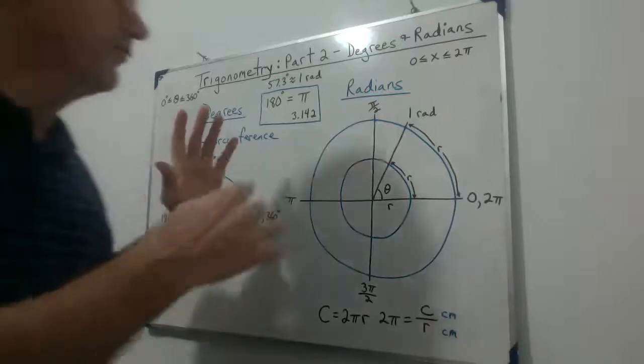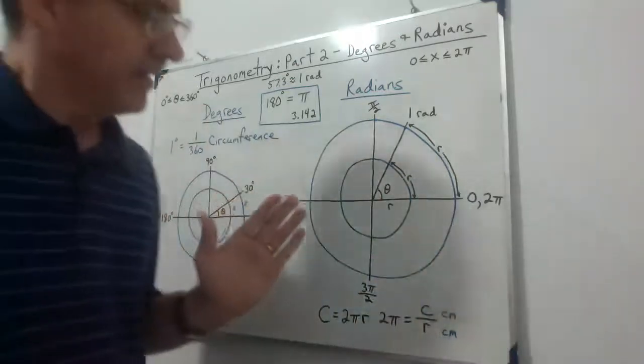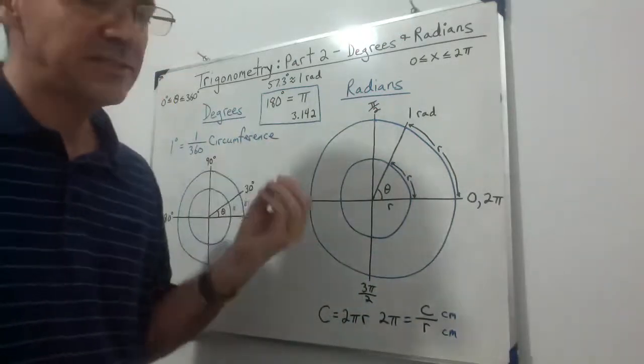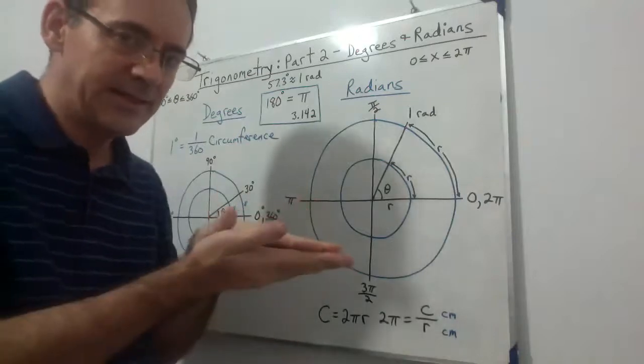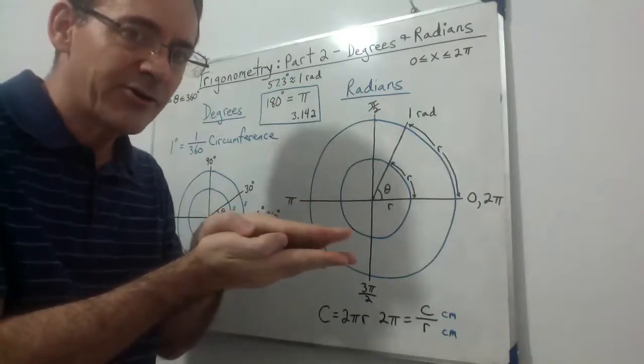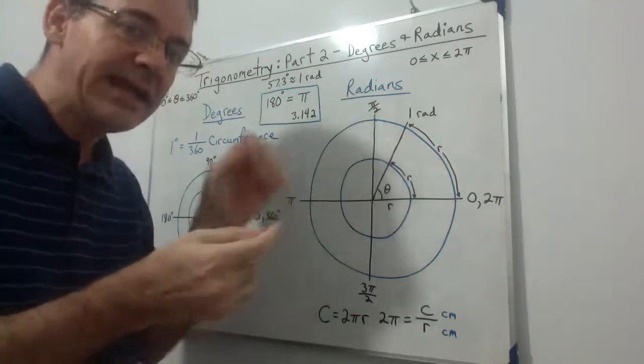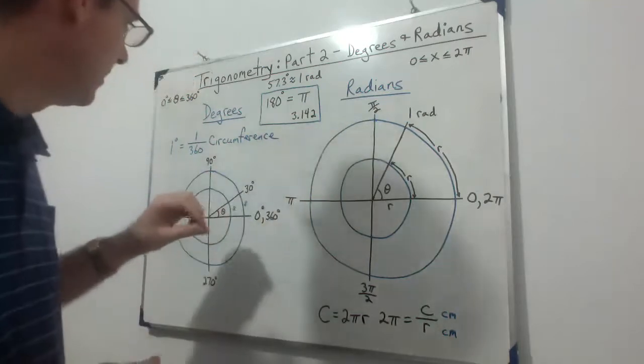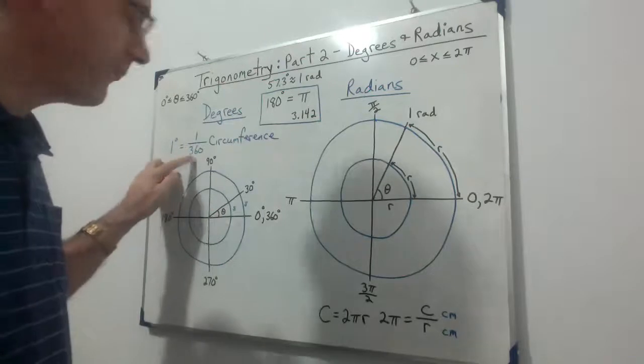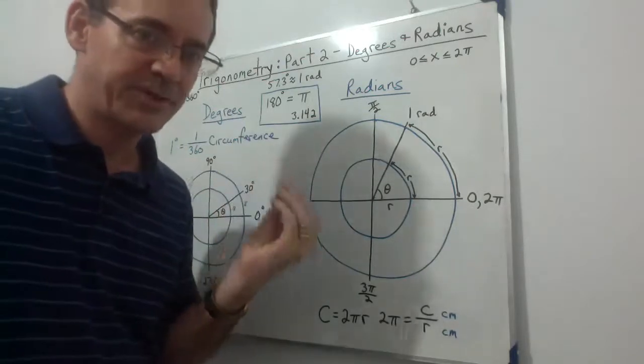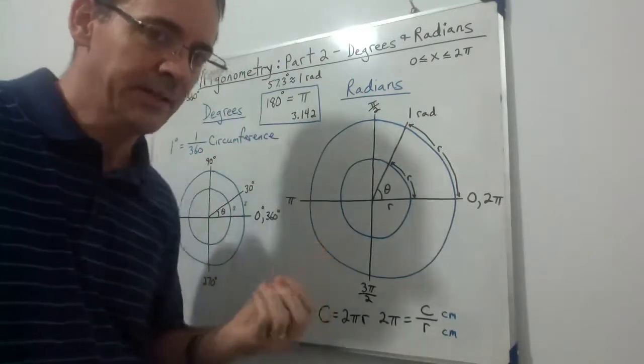Now, when we get over to radians, it's based on a little different idea than an increment of rotation. It's not dividing your circumference by a specific number like 360.